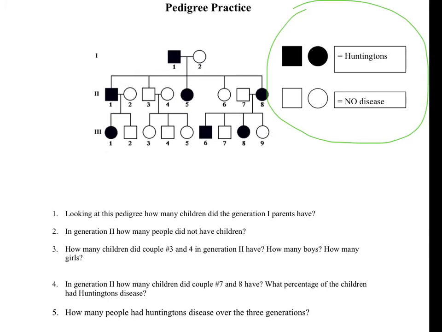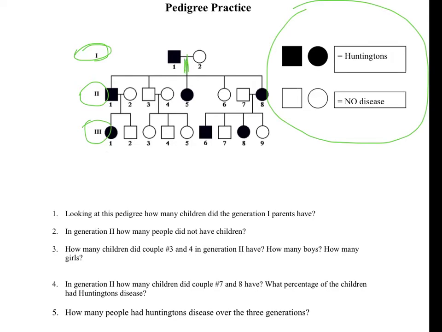Question number 1 says, looking at this pedigree, how many children did generation 1 parents have? You should be able to read a pedigree and see that this is generation 1, this is generation 2, and this is generation 3. To determine children, you have to follow the line.